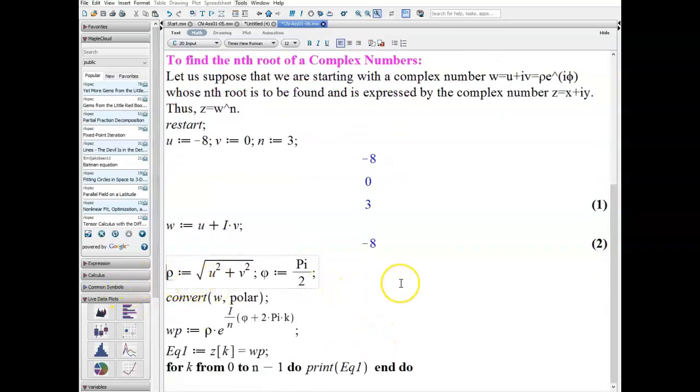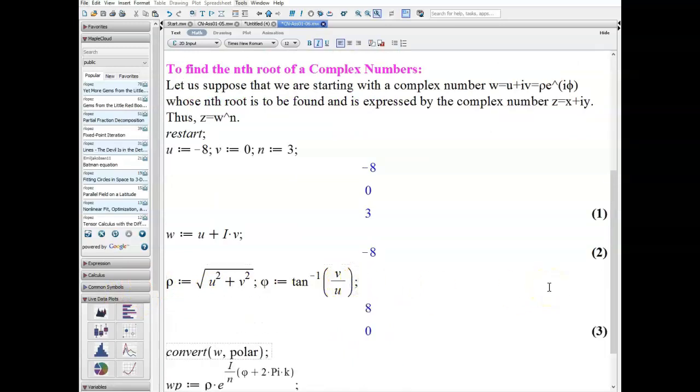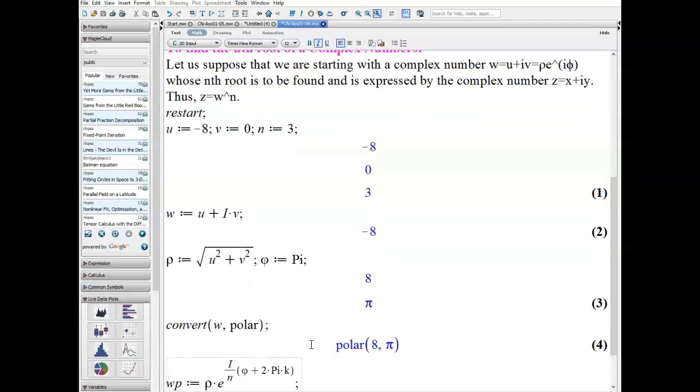Here it will work out the polar coordinates rho and phi. Obviously rho is 8 and phi is pi. Convert w into polar form, it will return the values 8 and pi in the polar form.